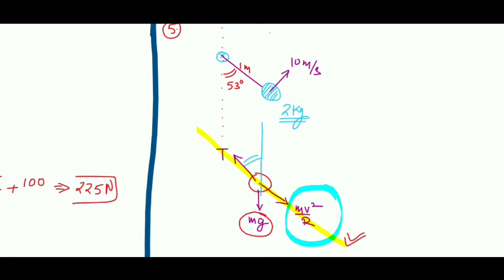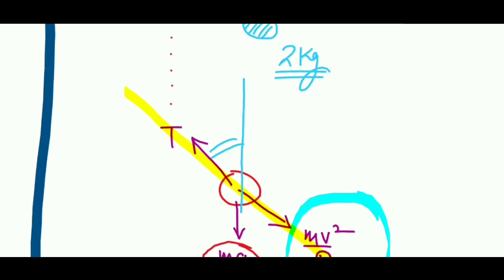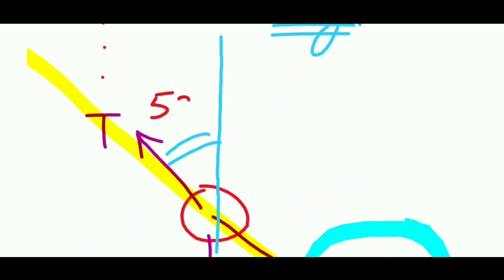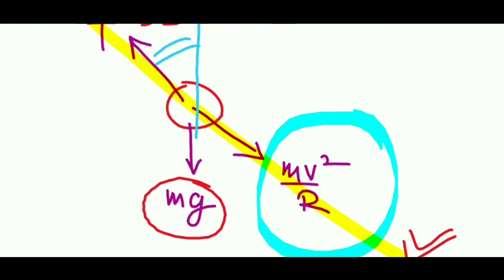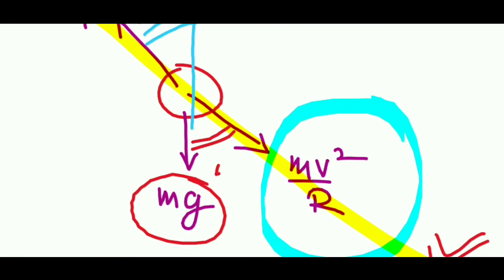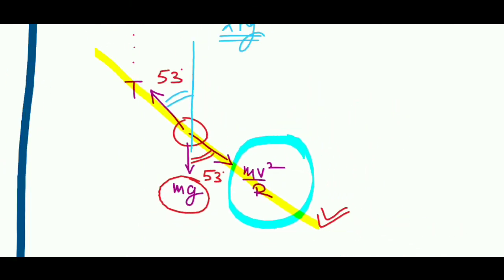Check it out. If you see, these two lines are parallel, right? So if this angle is 53 degree, over here this angle will also be 53 degree. That is what I have done. And if this angle is 53 degree, then of course this angle will also be 53 degree.